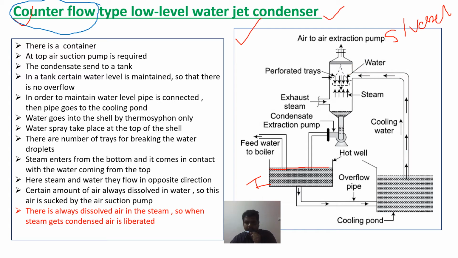Moreover, another important point is that generally some amount of air is dissolved in the steam. When the steam gets condensed, that dissolved air will come out. That will be taken out from the top of the vessel by using an extraction pump. This is the working of the counter flow type low level water jet condenser.